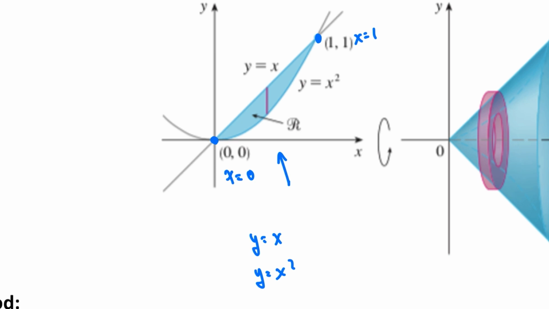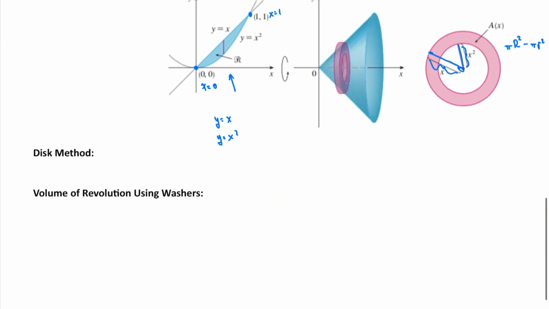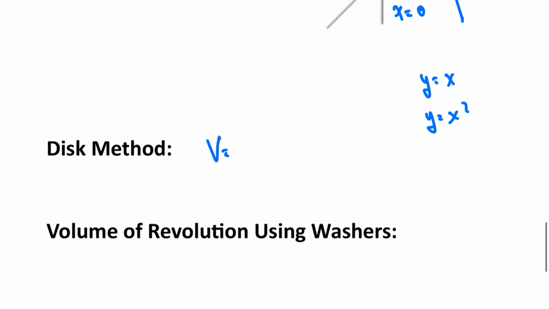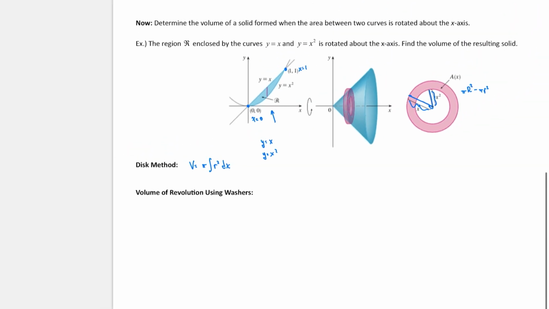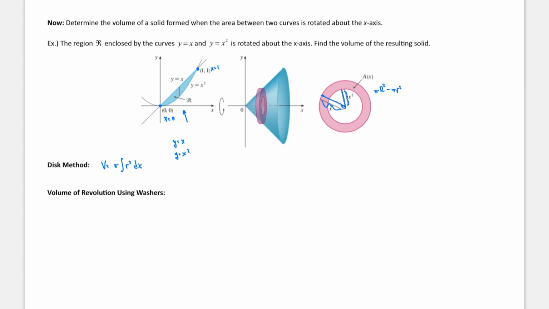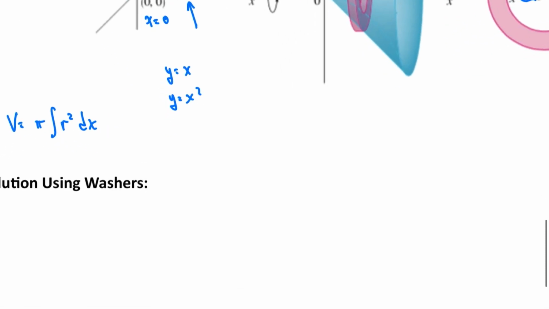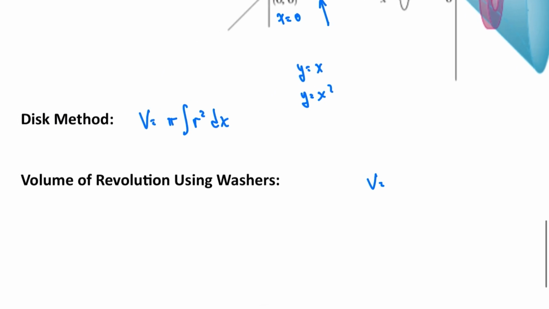So those are going to form the bounds for our integration. The disk method, we recall, is going to be pi times r squared dx. What's happening now is we have that full area, and we're going to take out the inner area.